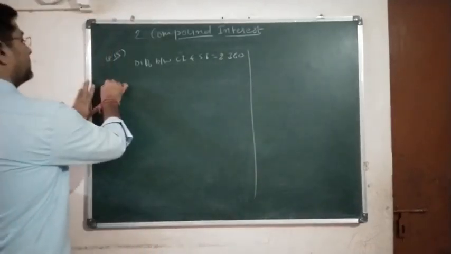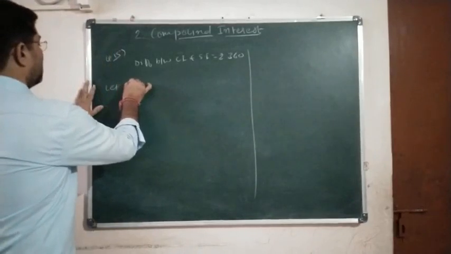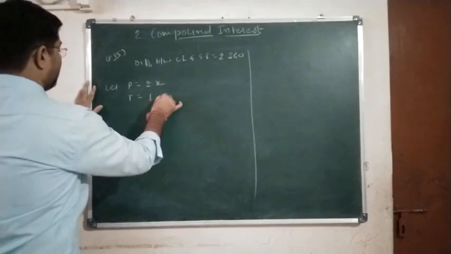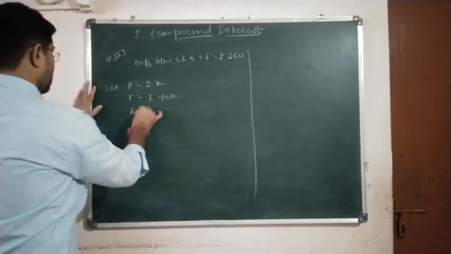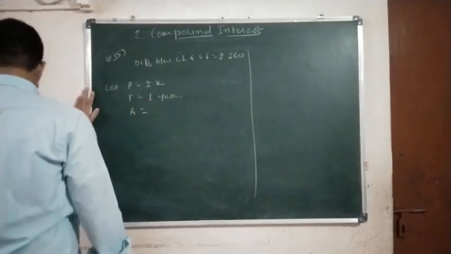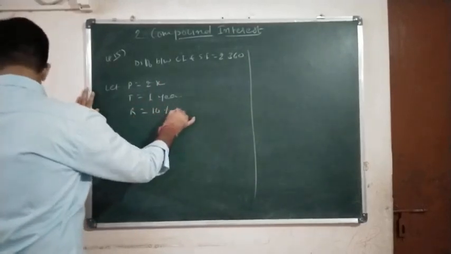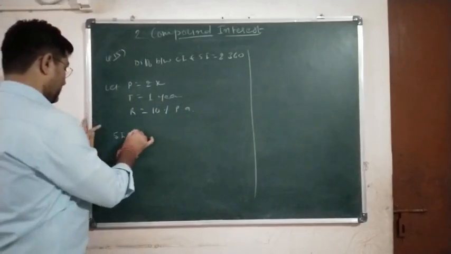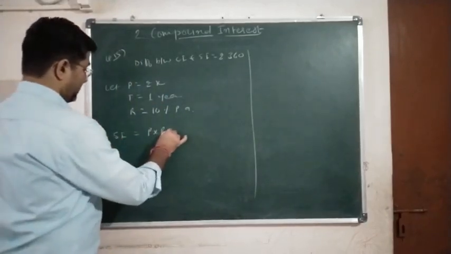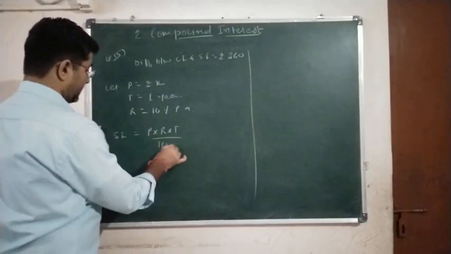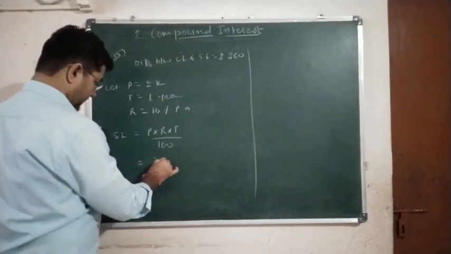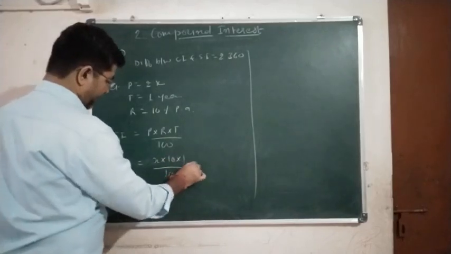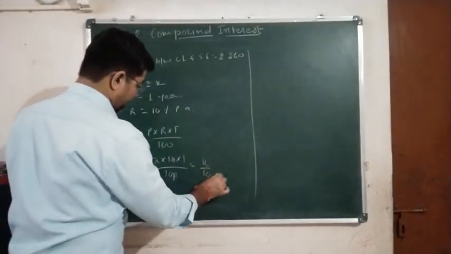Let principal be rupees x, time 1 year, and rate is given to be 10%. So SI is equal to PRT upon 100, x into 10 into 1 upon 100, x upon 10. This is the SI.